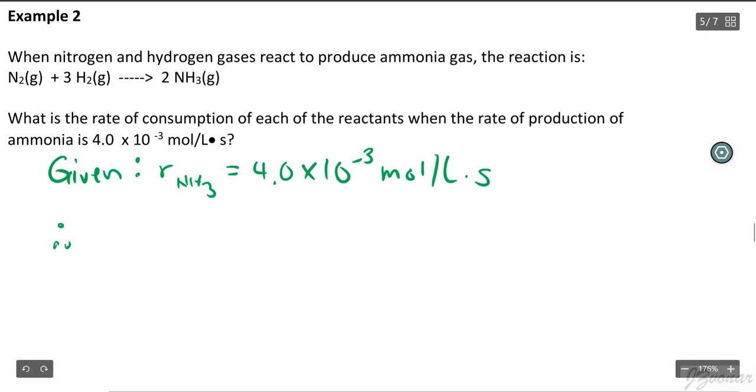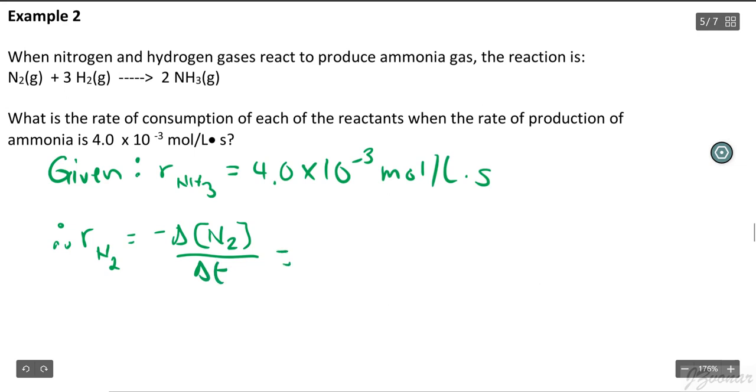So therefore, to find the rate of reaction of nitrogen, it's going to equal the change in concentration of nitrogen is what I'm looking for. This is another way to actually write it.